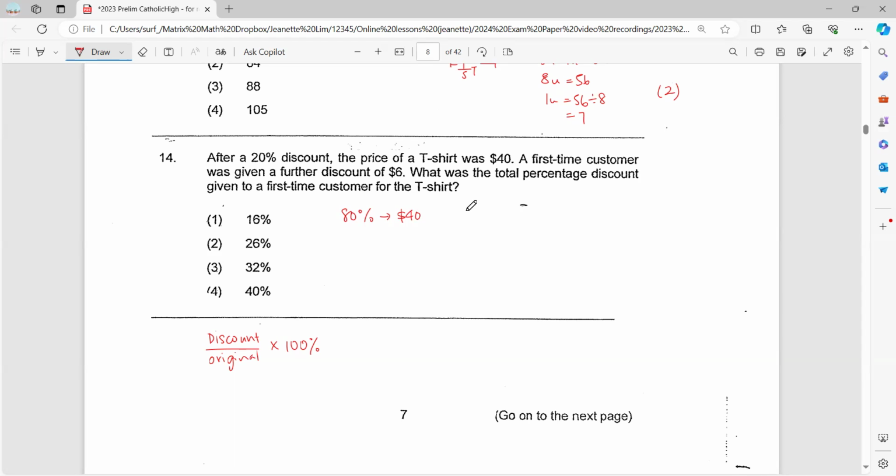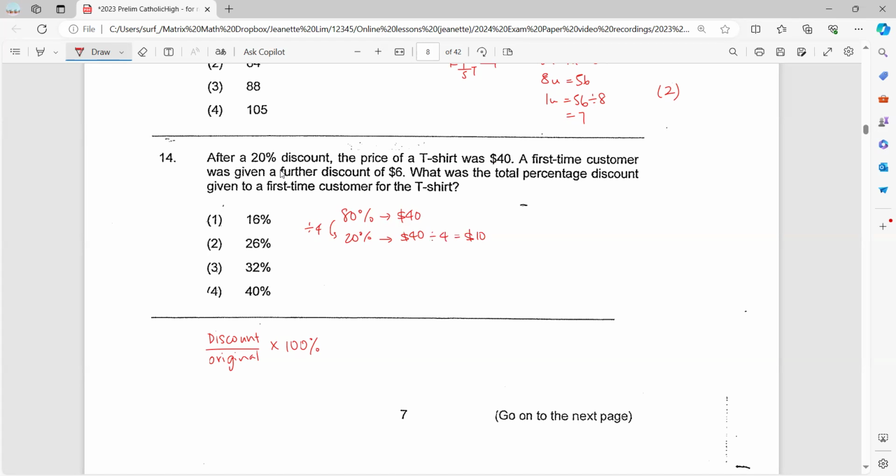Okay, so 2 things I need. One is the original price, one is the total amount of discount. So the discount is 20% first. So let's find 20%. So to do this, we divide by 4. $10.